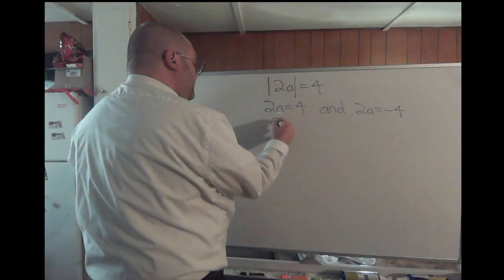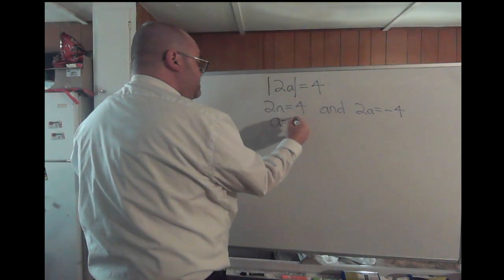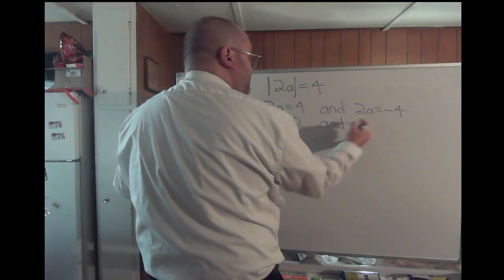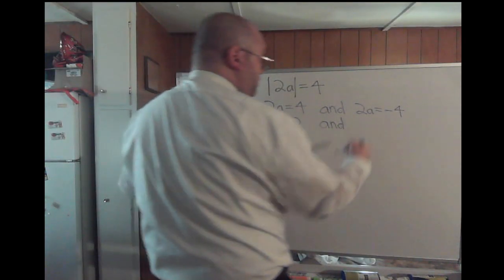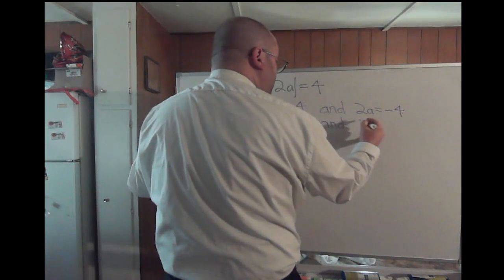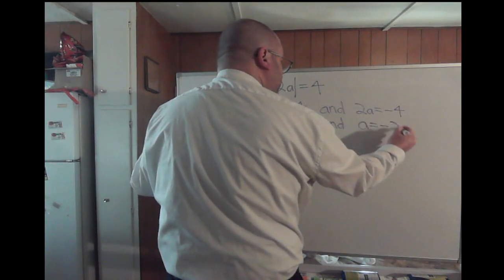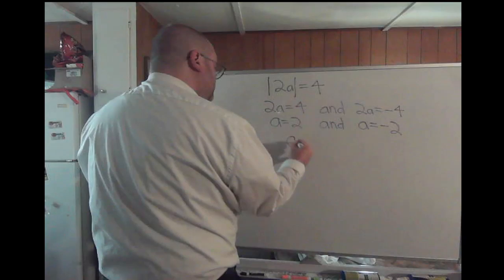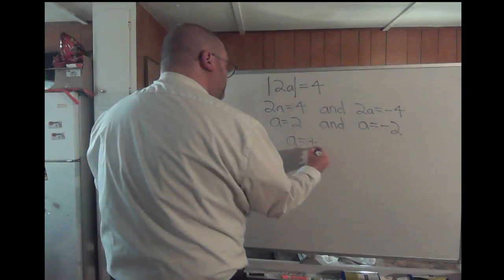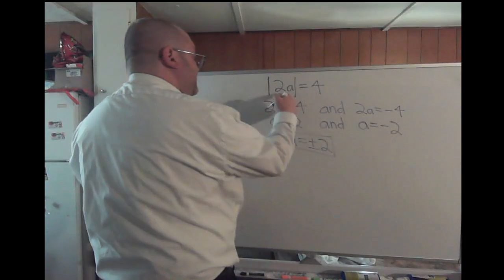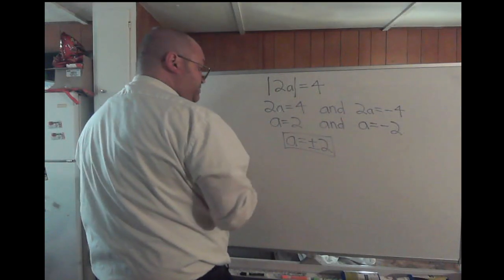You'll get a is equal to 2. And then on the right equation, we have 2a equals negative 4. We divide 2a by 2. You'll get a is equal to negative 4 divided by 2. That's negative 2. So a would equal plus or minus 2. And if you stick either of those into this absolute value equation, you'll get a true statement.